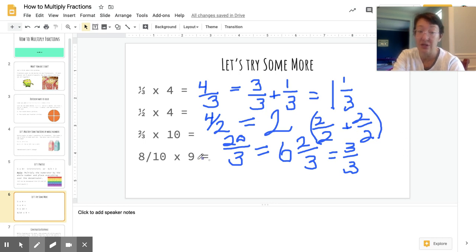This is just easier. So the last one I have down here is 8/10 times 9. So wow, look at this, guys. I'm going to have 72 over 10 when I multiply those together. Because I did 8 times 9, my numerator times my whole number is 72, and then I put it all over 10.